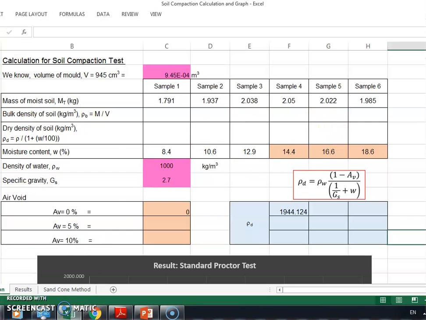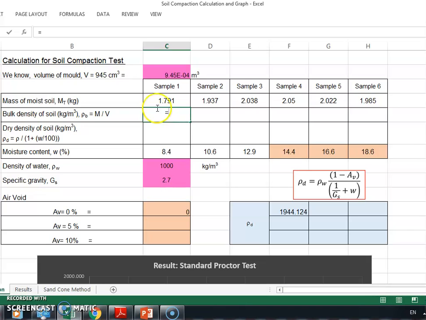We know that the volume of the mold is approximately 1000 centimeter cube, which is 0.945 times 10 to the power of minus 3 meter cube. So how to calculate?